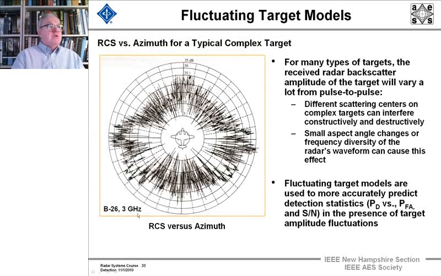Now the fluctuation models that we're going to talk about are used so that we can more accurately predict the detection statistics. But you can imagine, with so many scatterers on this target, it's a very hard thing to analytically calculate exactly what the cross-section of this kind of an object is.